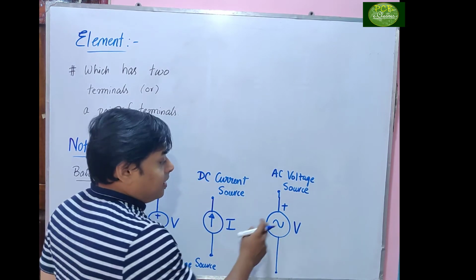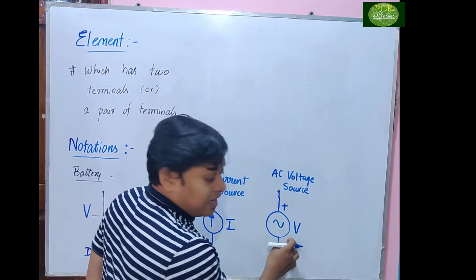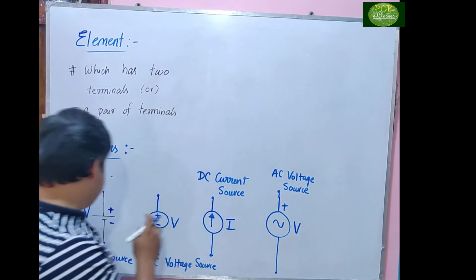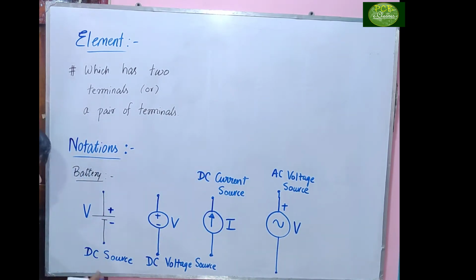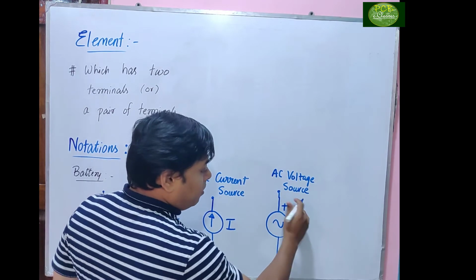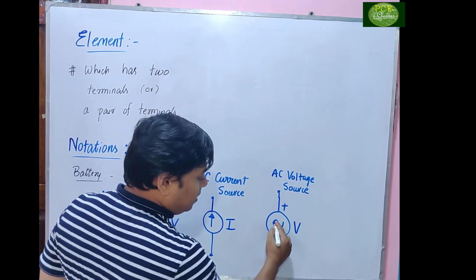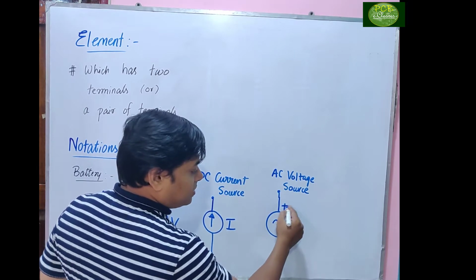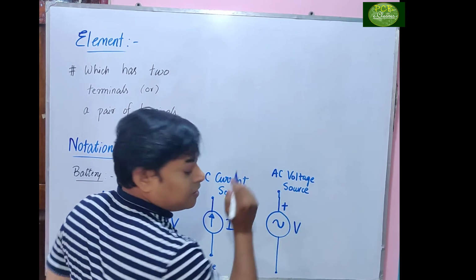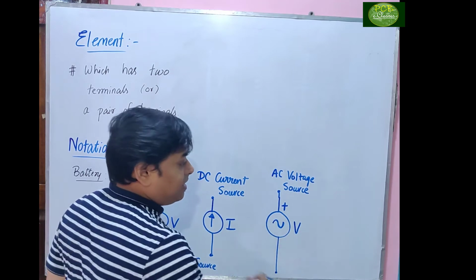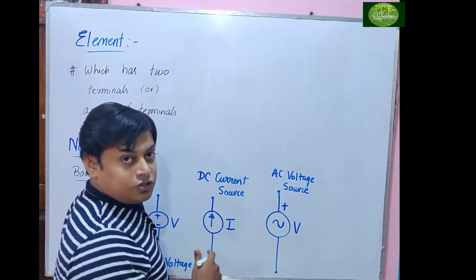Make a note, in AC there is nothing called to be negative. Once it is represented as positive and negative, this represents the DC part. Whereas in AC, we will always represent it by a sinusoidal, as well as one terminal will be treated as positive. That means it indicates it's an AC voltage source.